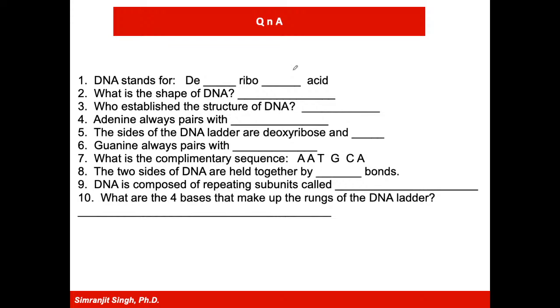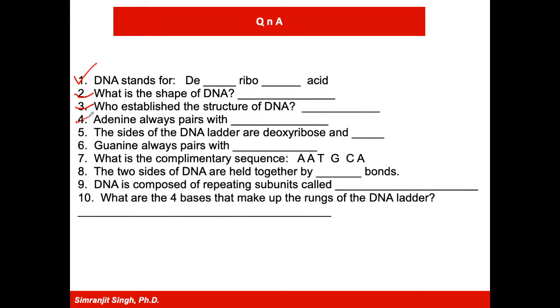So answer these 10 questions, students, into the chat box. This is a revision of what we have done. DNA stands for what? What is the shape of DNA? Who established the structure of DNA?